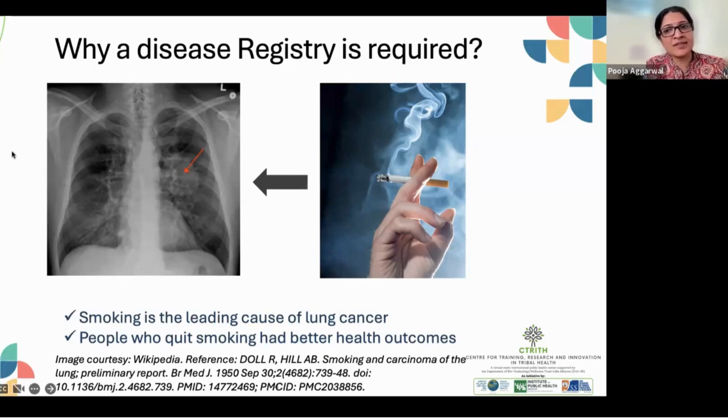A population-based registry not only helps to determine the incidence and prevalence of a disease, but also the health outcome across a population defined by a particular disease. In this scenario, a population defined by smoking habits.